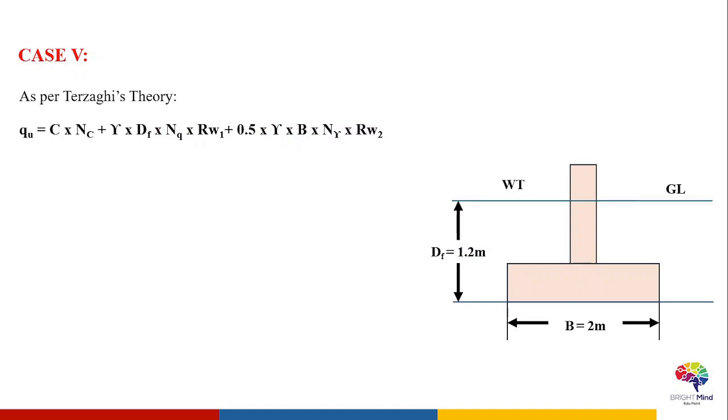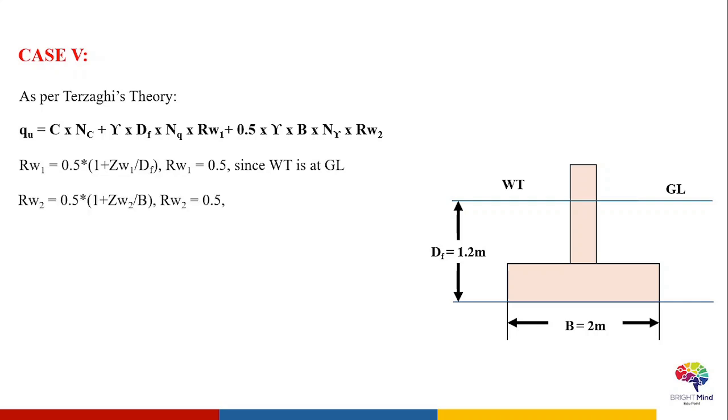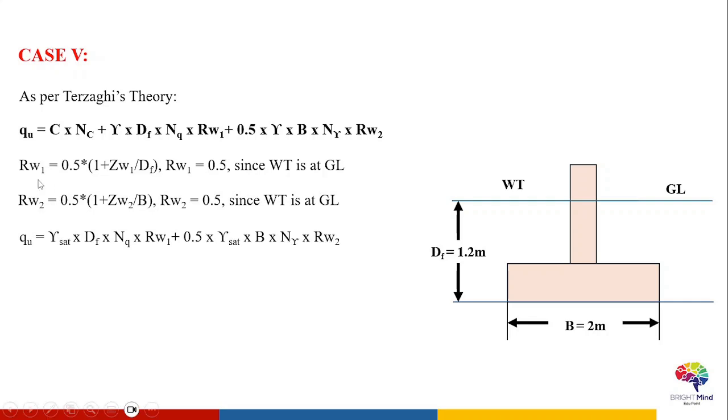In the last case, in which the water table is exactly at the ground level, again we'll make use of the Terzaghi's theory, but in this case the value of the RW1 and RW2, that is the correction factors, will be equal to 0.5 because the water table is exactly at the ground level, and in the equation of the Terzaghi's bearing capacity the unit weight for both the surcharge term as well as the wedge term will be considered as saturated unit weight.